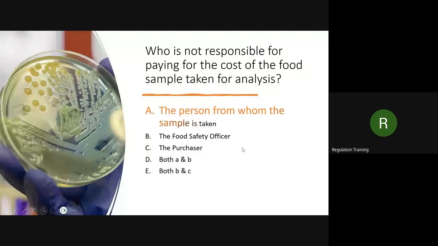It is A. Why is it A? Because the question is saying who shall not pay. So who shall not pay means the person from whom the sample is taken.